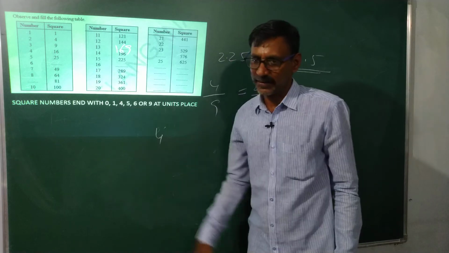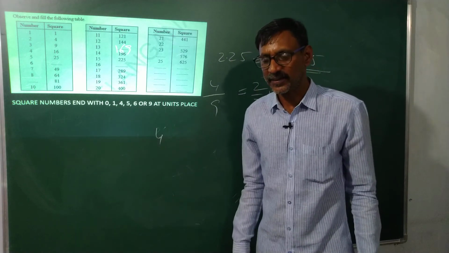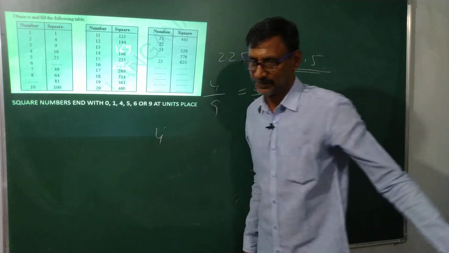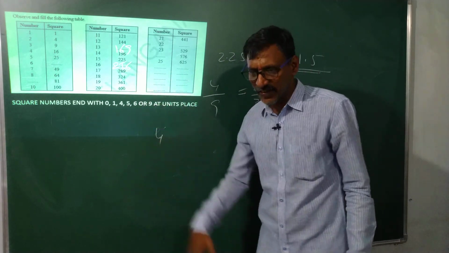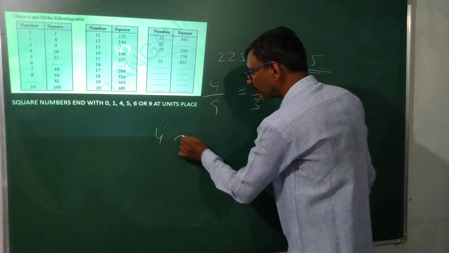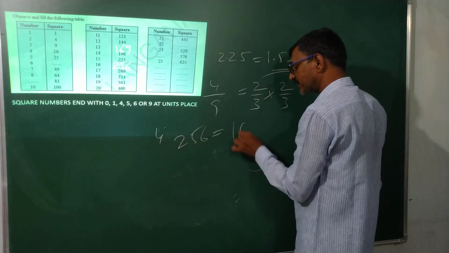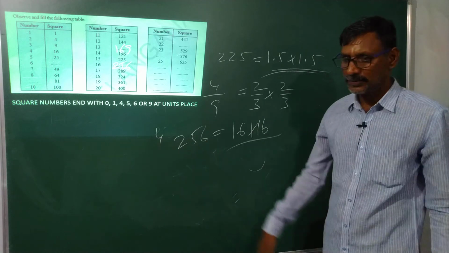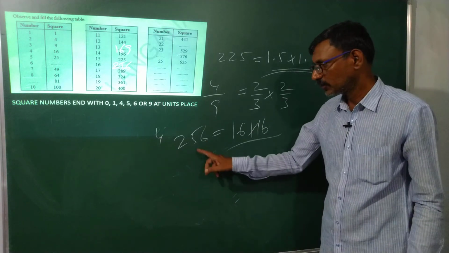Here 16 is given. 16 square is 256. 256 is a square number because 256 can be expressed as 16 into 16. These two are equal factors of 256.